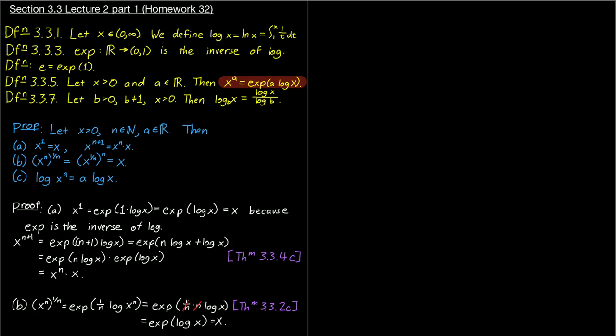The other direction is a smidge trickier. x to the 1 over n, to the n. That is exp of n times log of x to the 1 over n.